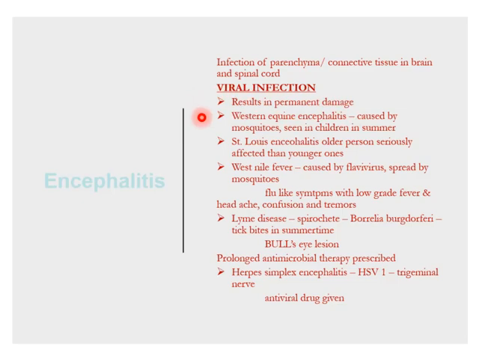The neurons are getting affected, and once they start dying, it can leave permanent damage. Examples are Western equine encephalitis, which is caused by mosquitoes and seen in some children in summer. There is St. Louis encephalitis, which is seen in older persons, and it is more serious than in the younger ones.